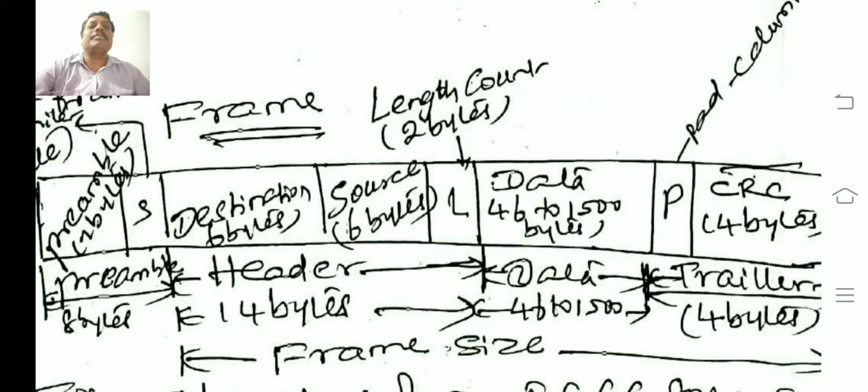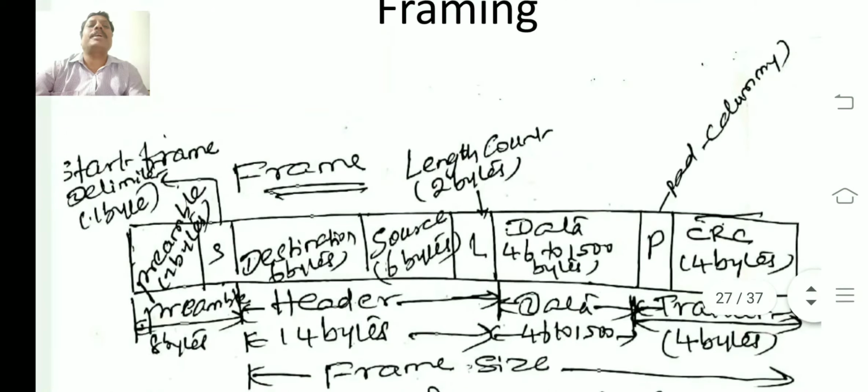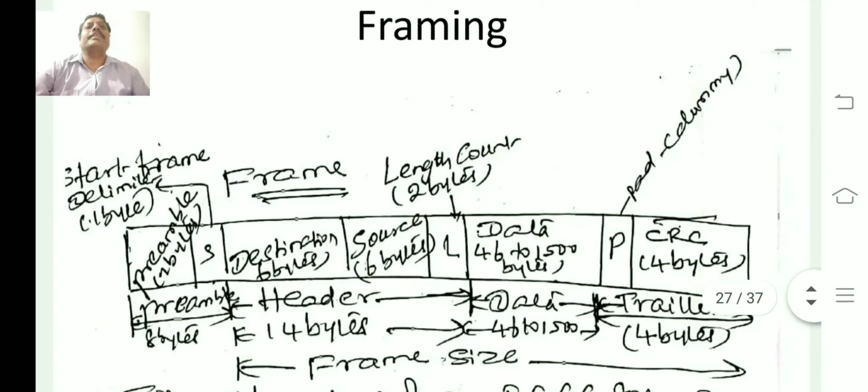Then padding, which is optional and can be added if required. Then CRC bits, cyclic redundancy check bits, of 4 bytes will be added. This is the actual data frame of the data link layer. The data link layer frames the data before sending it from one node to the next node.